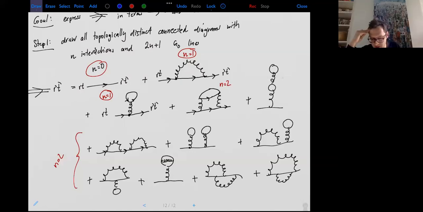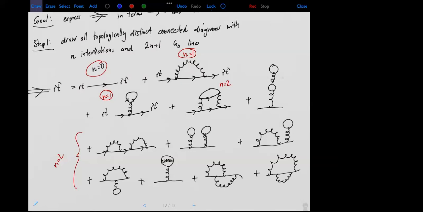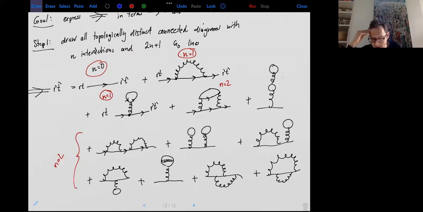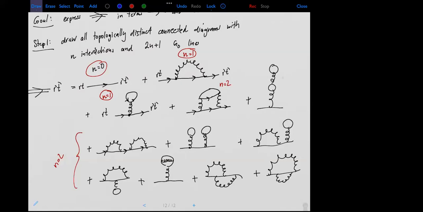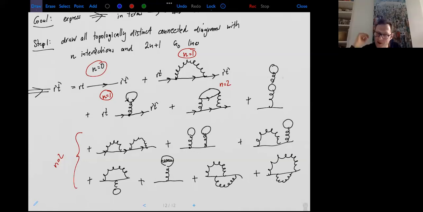You mean because when we let it propagate, it shouldn't be distinguishable, right? Well, electrons are never. So what I mean is the electron that we find at R prime T prime can be a different electron from the one that's propagated. Well, you can't say, can you?